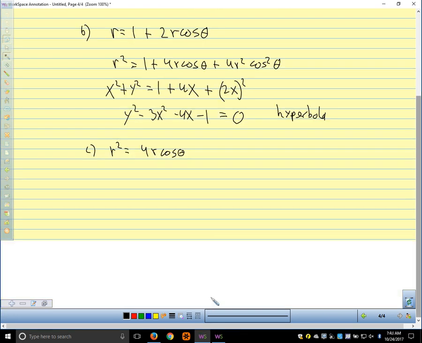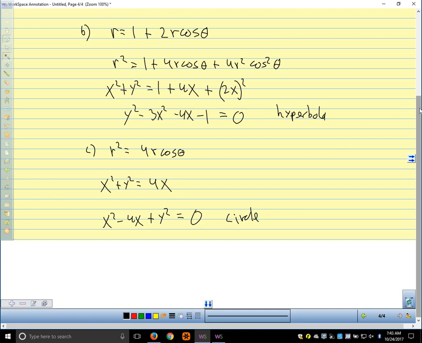r squared equals 4r cosine theta. That one's not bad, right? x squared plus y squared equals 4x. It's a circle.